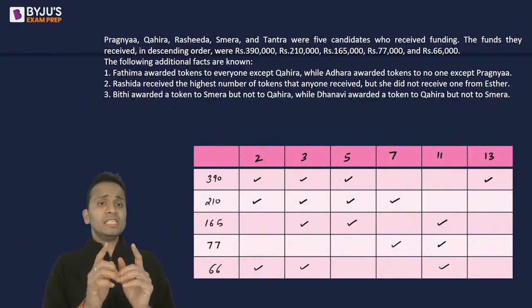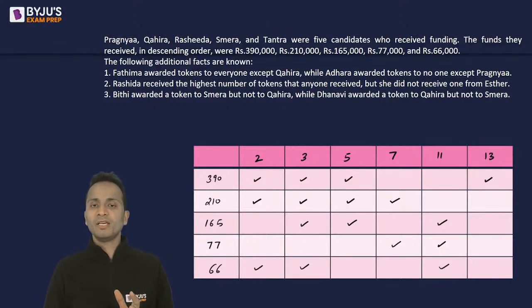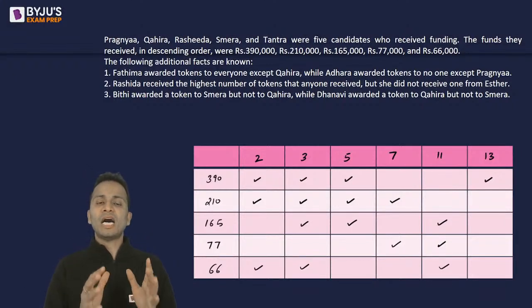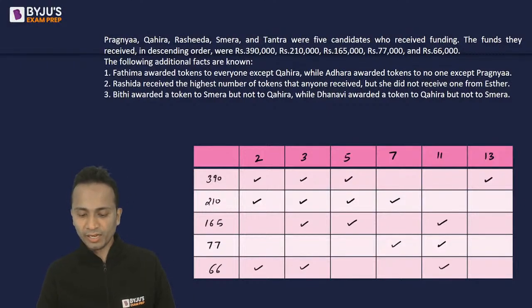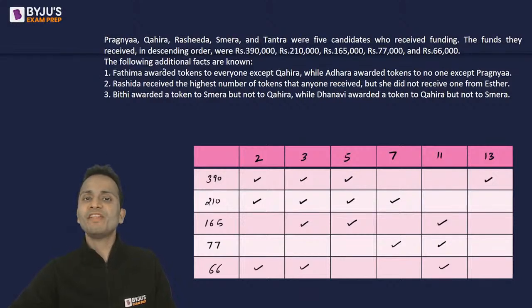Now let's use these three additional facts, fact number 1, 2, 3, to determine which interviewer awarded which token number and how much funding is received by every student. Chalo. So the first point says that Fatima awarded tokens to everyone except Kahira. Token number 2 is given to 3 but not given to 2 of them.